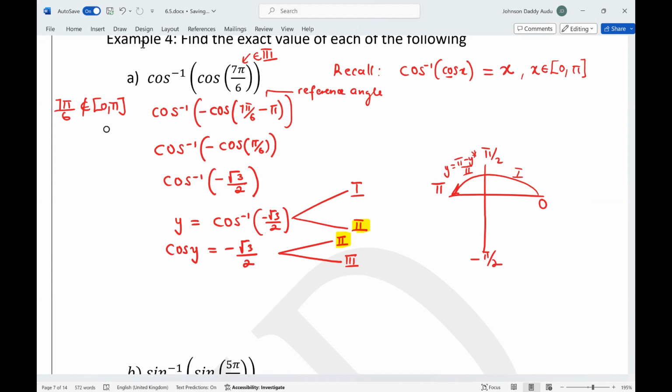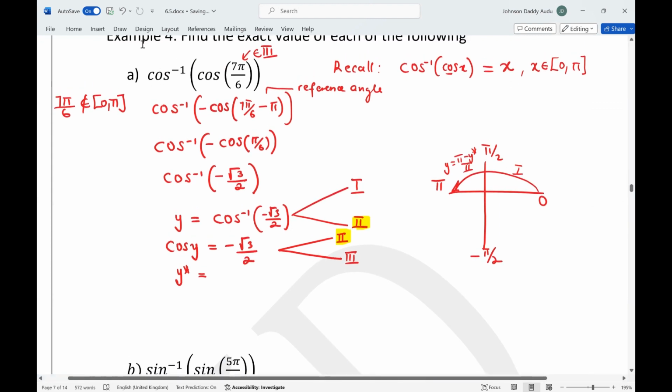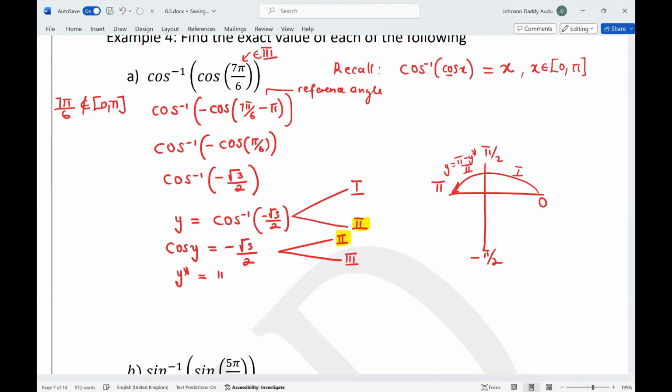First of all, we need to get y star. Y star is an angle in the first quadrant whose cosine is root 3 over 2. And what is that? That is simply pi over 6, because pi over 6 is the same thing as 30 degrees, and cosine 30 is root 3 over 2.